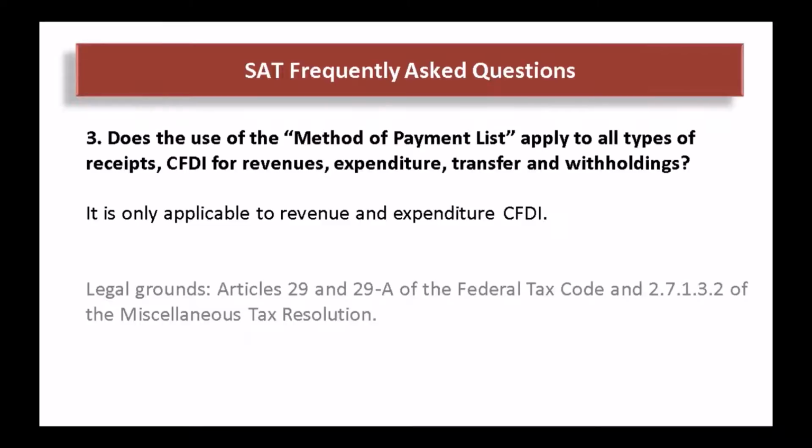So, as you know, there are 4 types of CFDIs, the ones mentioned before: revenues, expenditure, transfer, and withholdings. However, the requirement to include method of payment will only be applicable for revenue and expenditure. So that means everything that we issue to our clients and everything that we receive from our suppliers.